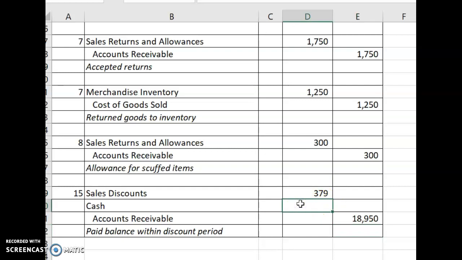So the cash that Macy is going to pay me is 18,950 minus that sales discount of $379. So cash of $18,571. Okay, let's pause here and you take a look at number 3 in your workbook and number 4 and come back and review the solutions.